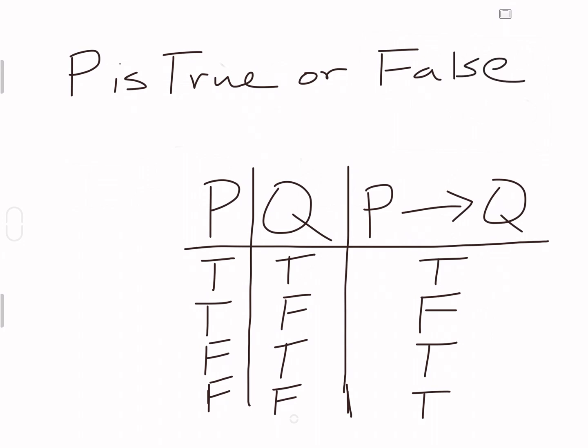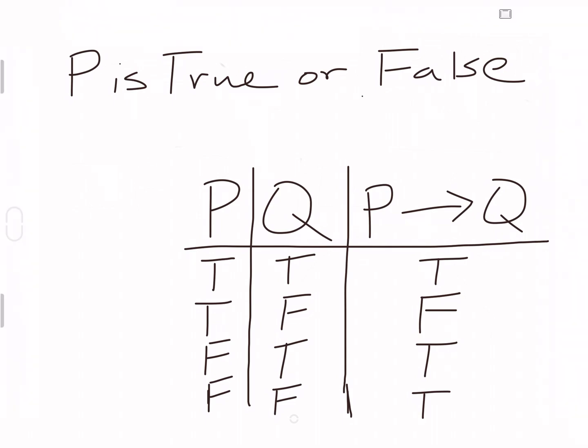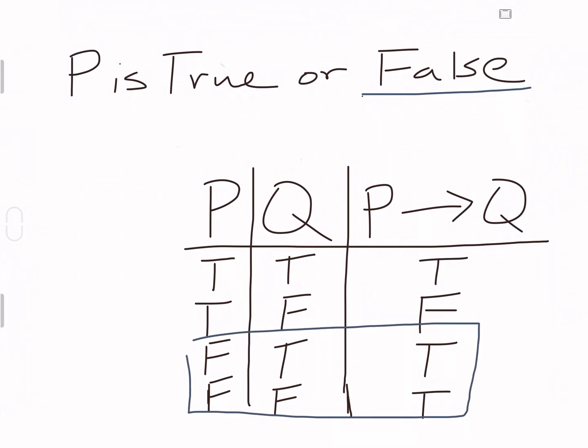Okay, so now let's think, what happens when P is false? When P is false, that puts us in these two rows here. And in these two rows, it's always true, right? So if P is false, then it's true, okay?